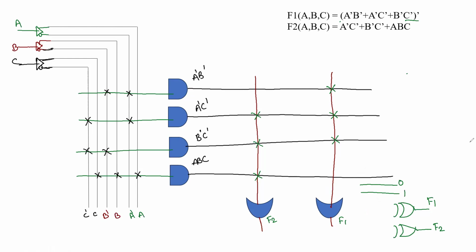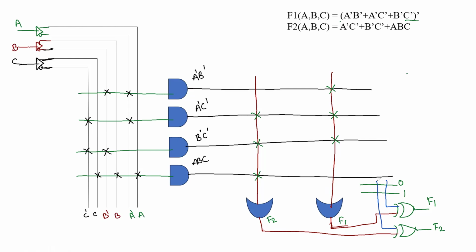Now we are going to connect first the previous output we have here, that is function F1, with this one, and this F2 we are connecting to the second XOR gate. Both XOR gates will be connected here.